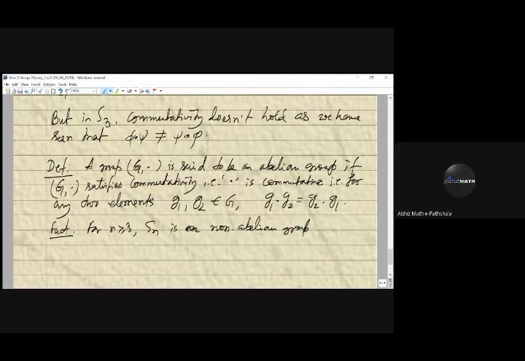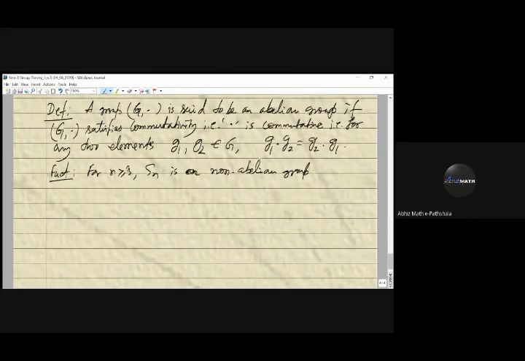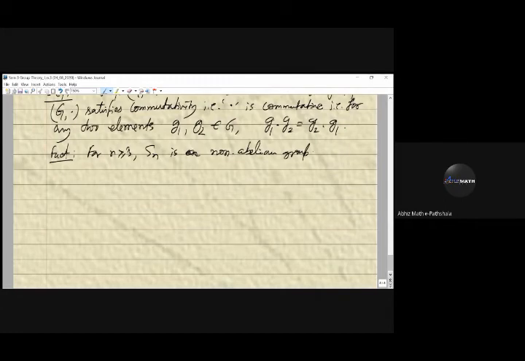Now in Sn, we will see that some permutations are there which have this feature.